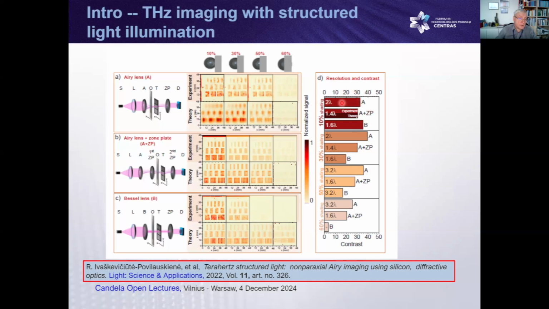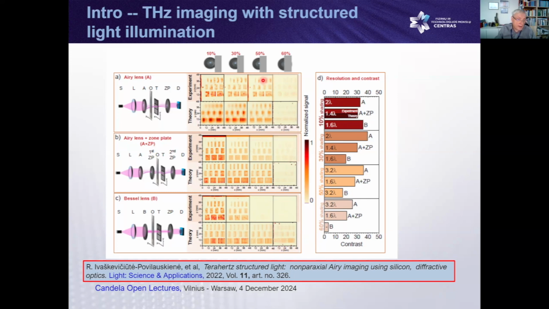Here, you see, it's good. We have resolution in a simple Airy beam in the range of 2 lambda. If we try to use a zone plate, we can go even better. And if we go to this Bessel beam, trying to cover this, is the Bessel beam still visible?